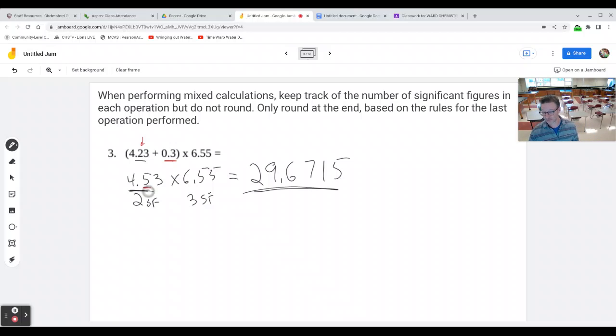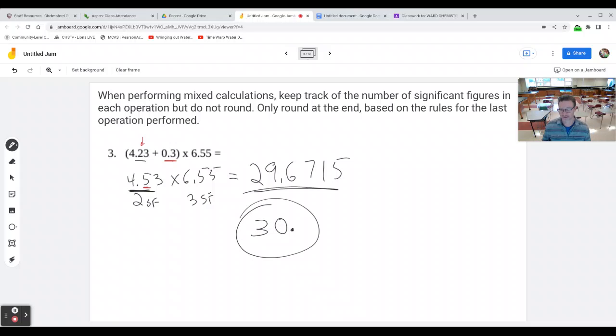So since this number would have had 2 significant figures if I had rounded along the way, that's what I'm going to use and say my answer can only have 2 significant figures, which if I round this, is going to be 30 with the decimal point. The decimal point is there to show that that 0 is a significant digit.